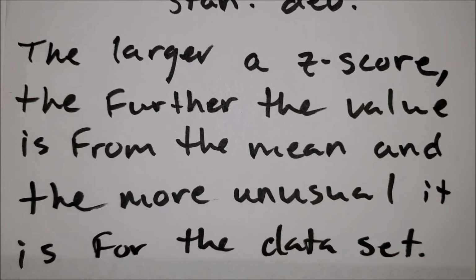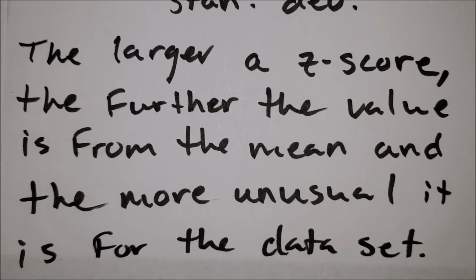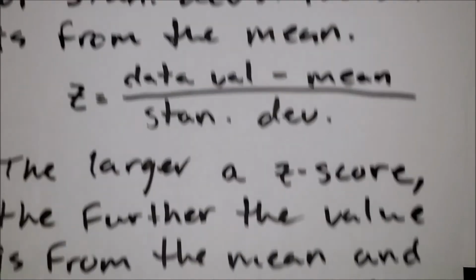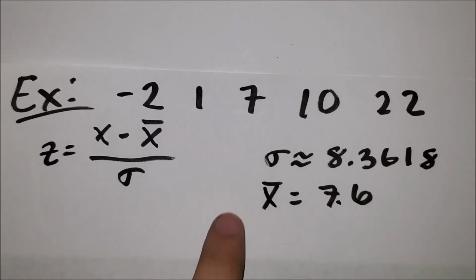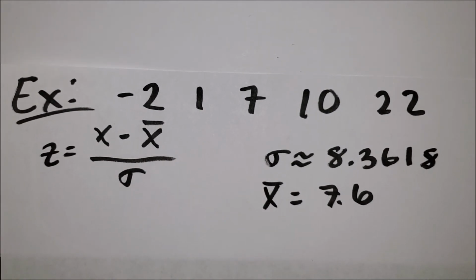So usually a high z-score, often something close to 2 or more, is considered quite unusual for a set. So we're going to look at this set again. We've already calculated our standard deviation and our mean, and we're going to look at the z-score for each value here.